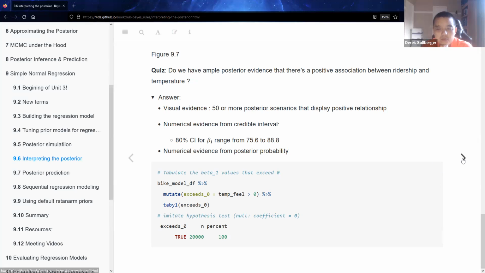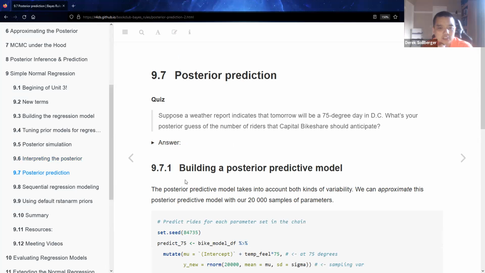With that in mind, let's move on towards posterior prediction to give ourselves something concrete to think about. Suppose that a weather report indicates that tomorrow will be a 75-degree day in Washington, D.C. What is our posterior guess for the number of riders that the Capital Bikeshare should anticipate?